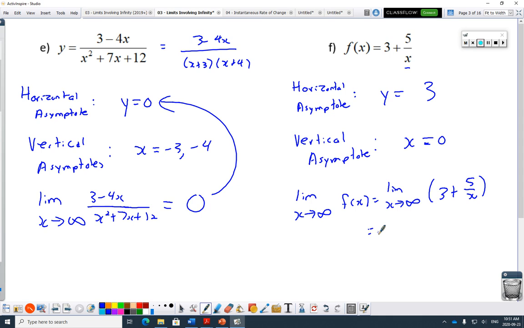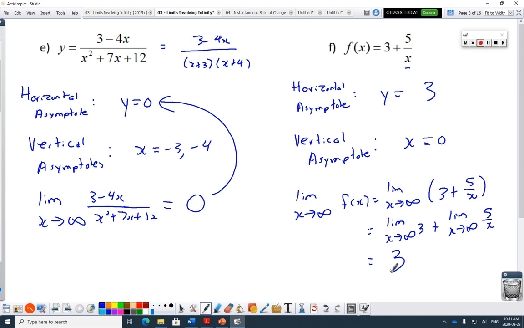And I can use the limit laws that we just did to say, okay, that means I can find the limit as x approaches infinity of 3 and add that to the limit as x approaches infinity of 5 over x. And this first part's easy. The limit of 3 is 3. 3 is always 3.